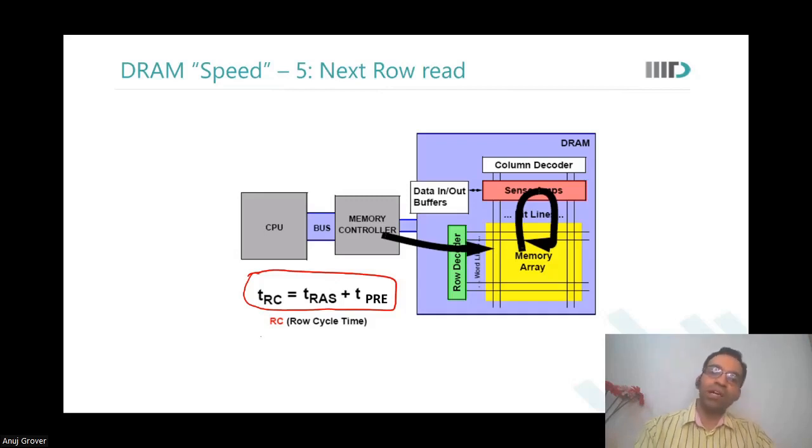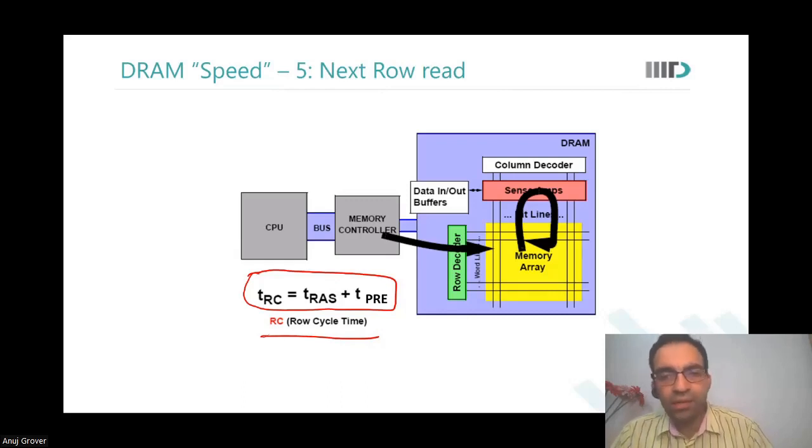This is also called the row cycle time. Is it okay? Is it clear till here? Any questions? Okay, no questions.